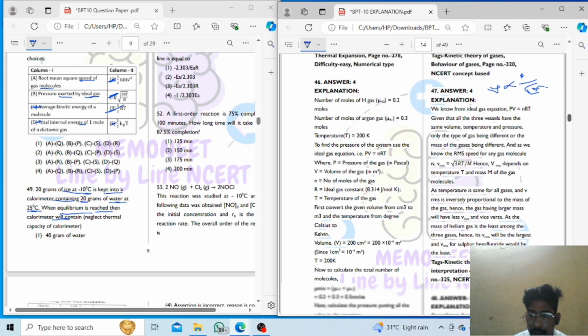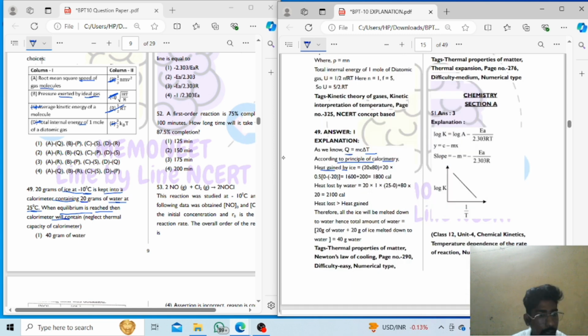So the formula is Q equals to MC delta T. According to the principle of calorimetry, the heat gained by the ice will be equal to 20 into 80, that is M into L, plus 20 into 0.5, which is the specific heat of ice, and the temperature change is from minus 20 to 0.